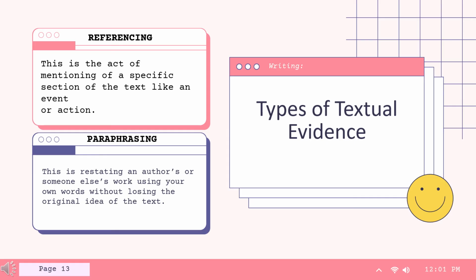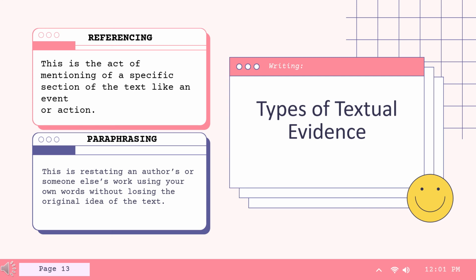The second type is what we call paraphrasing. From the word itself, you're just going to paraphrase or simply restate or reword an author's or someone else's work using your own words without eliminating or discarding the original idea from the text.